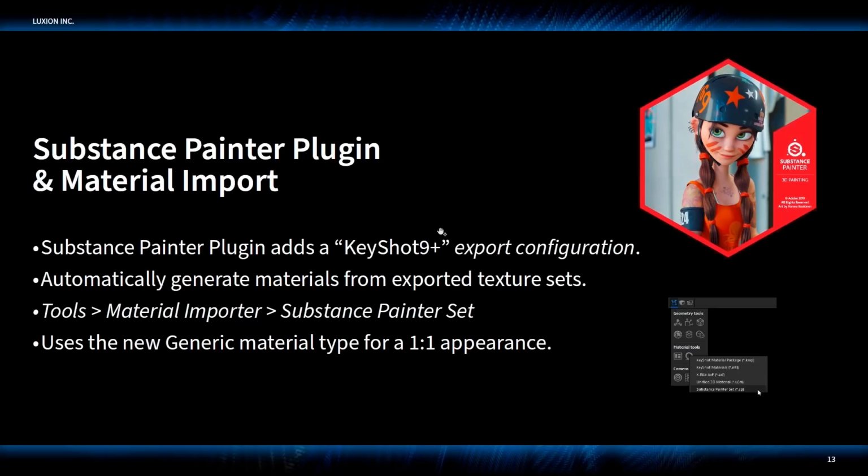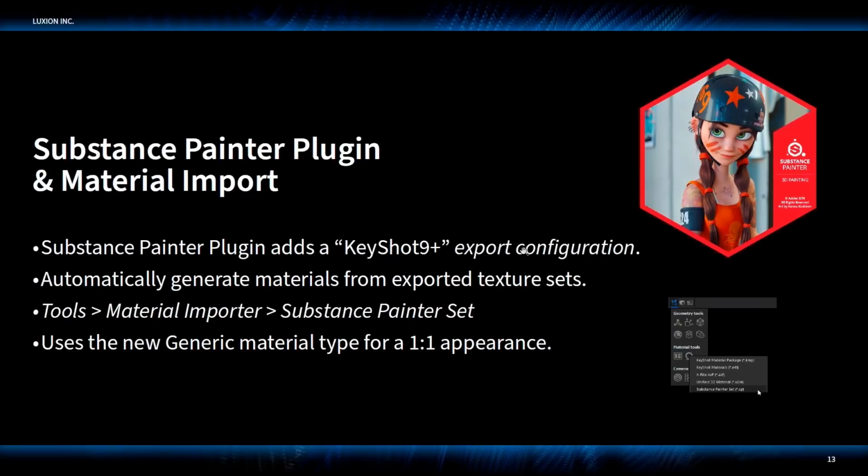The Substance Painter plugin and material import is another new one. When you install the Substance Painter plugin, this will add a KeyShot 9 plus export configuration to Substance Painter, and that will save out your Substance Painter texture set.